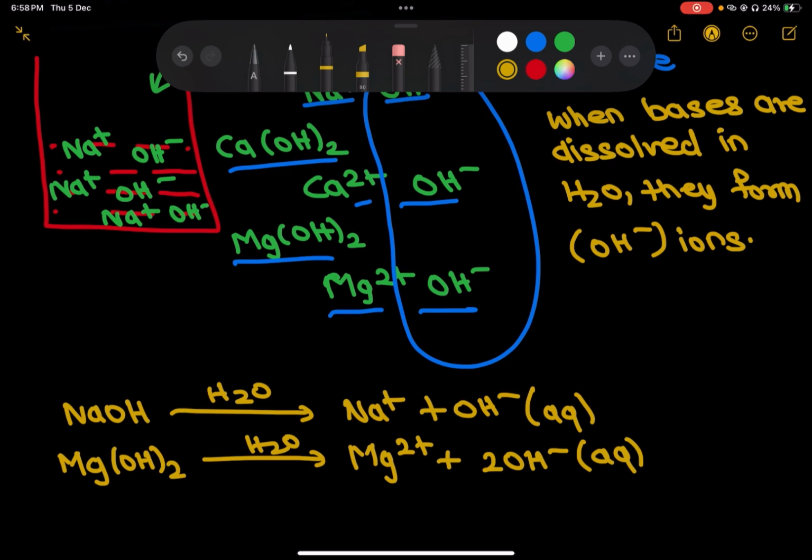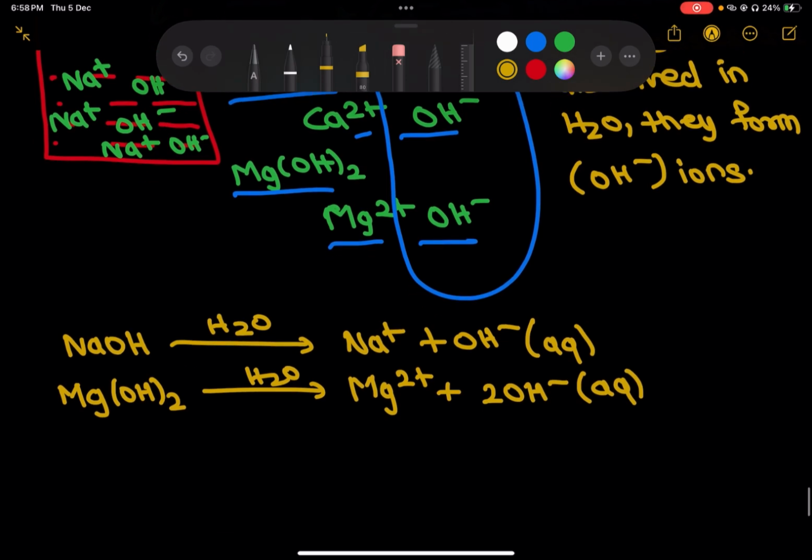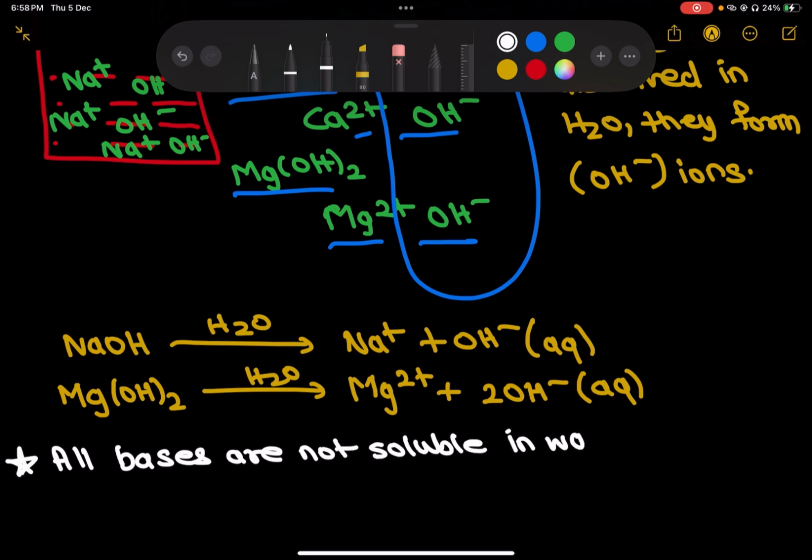But you have to remember one thing: all bases are not soluble in water, or they do not dissolve in water. I'll write this down as a note point. All bases are not soluble in water. Strong bases like NaOH and Ca(OH)2 dissolve in water, some of them, but not all.